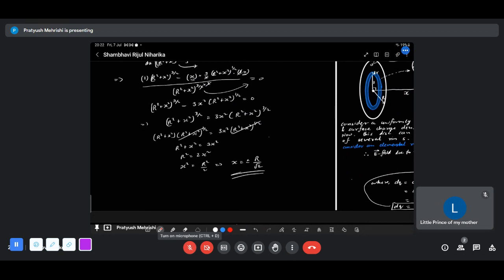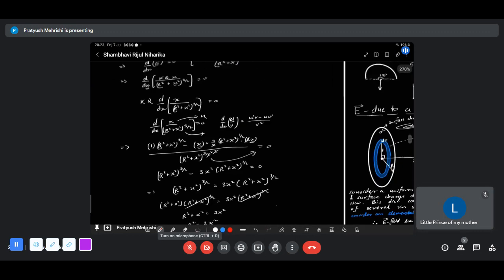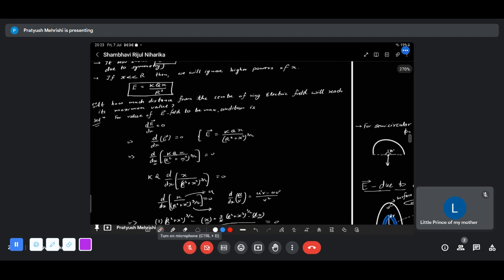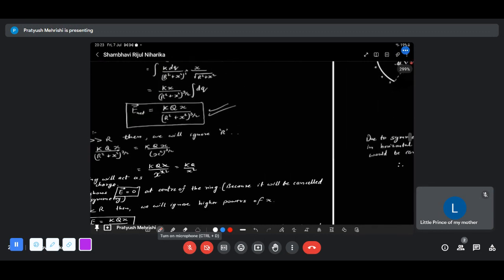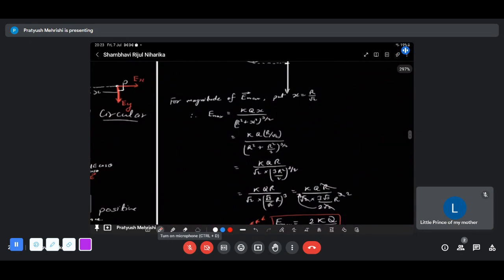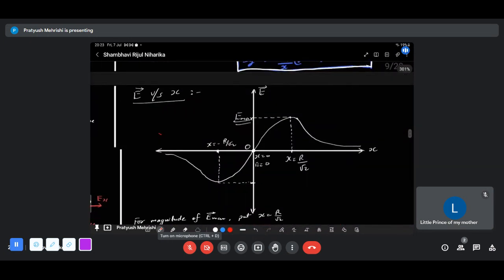Now, how can you find whether it is maxima or minima? Again differentiate it, and check if you see positive or negative. Positive you will see when x is positive, and negative when x is negative. So the electric field will be maximum and minimum like this.